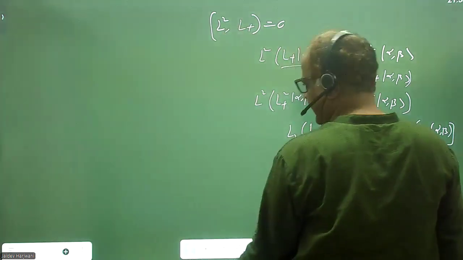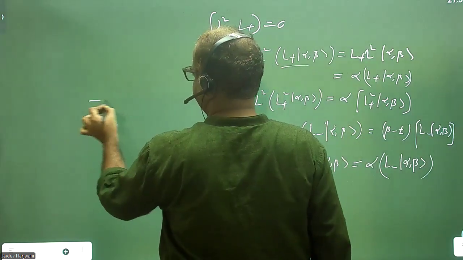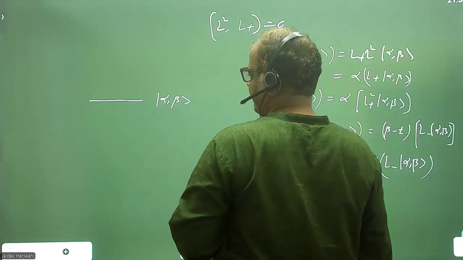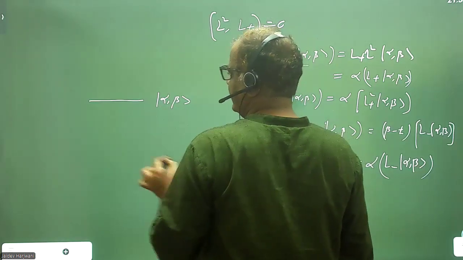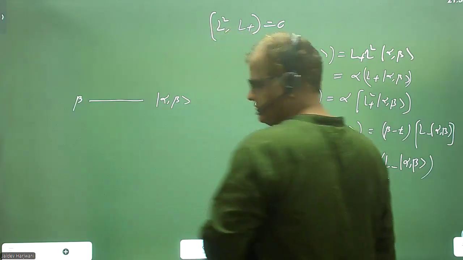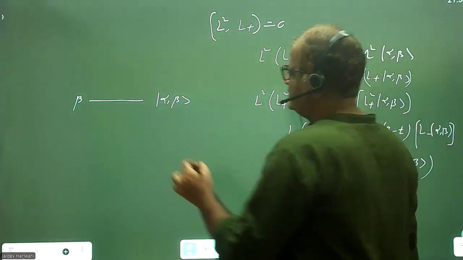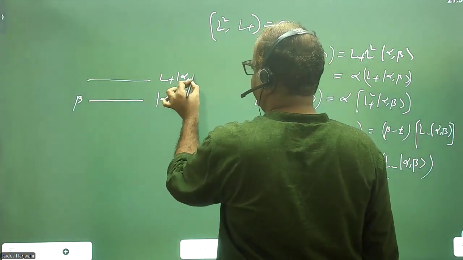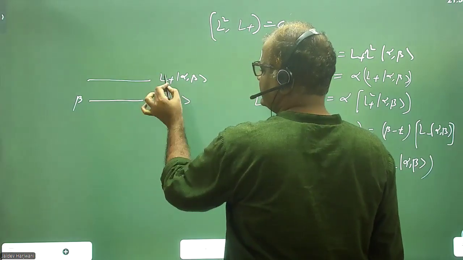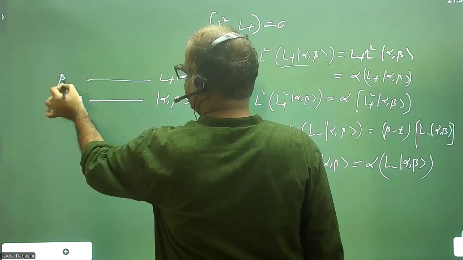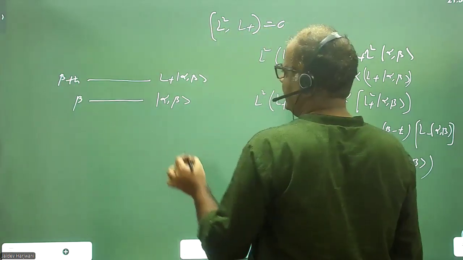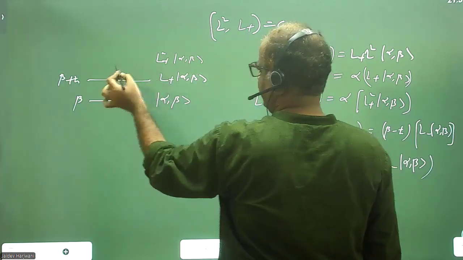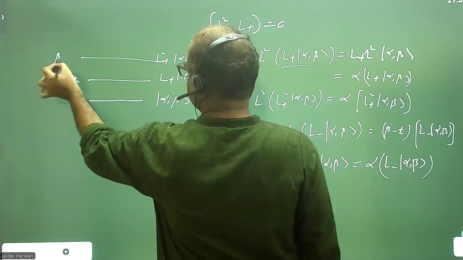So by knowing these things, how can we understand this? I'm drawing a diagram. We have a state alpha beta. When I operate Lz on this alpha beta, I get the eigenvalue beta. Now if I apply L plus and measure Lz in the next state, my eigenvalue is beta plus h cut. Similarly, in the next state, if I measure Lz here, it will be beta plus 2h cut.